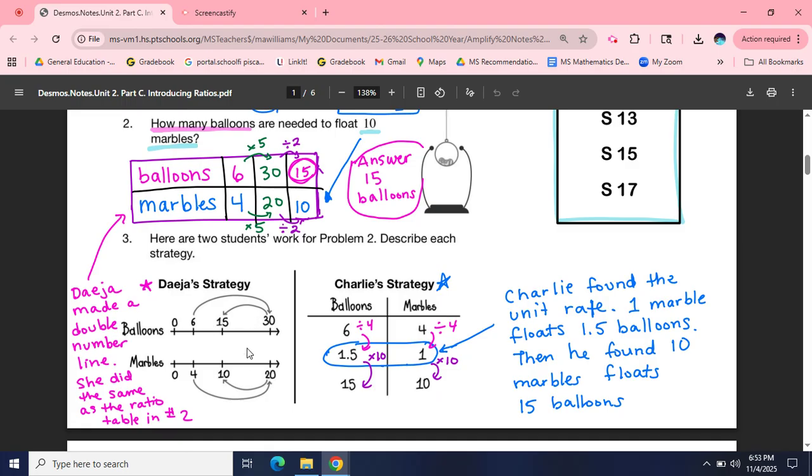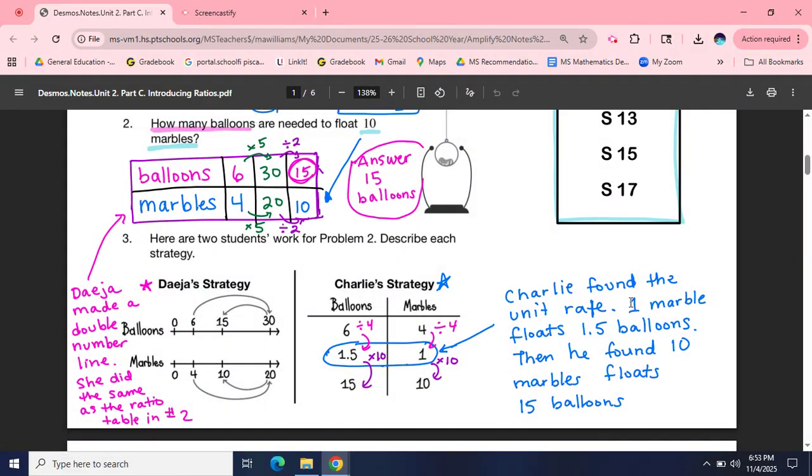Now, at this time, if you can, what I would like you to do is near Deja's name, put a little smiley face over here. She did the same thing that we did, except she used a double number line. We did a ratio table. Now, Charlie's strategy, Charlie actually found the unit rate over here.